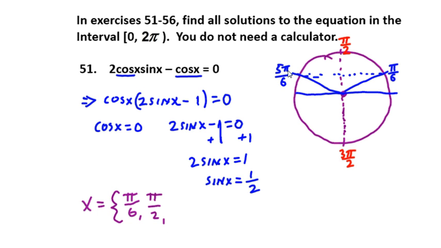Going around the unit circle, we have 5 pi over 6. And our last solution is at the bottom of the unit circle, which is 3 pi over 2. So that's our set notation version of our answer for problem number 51.